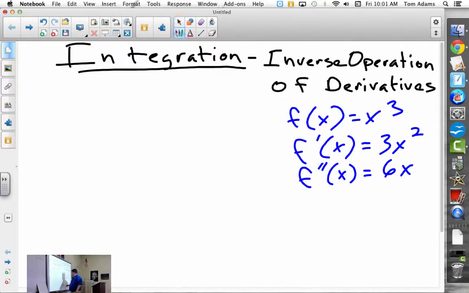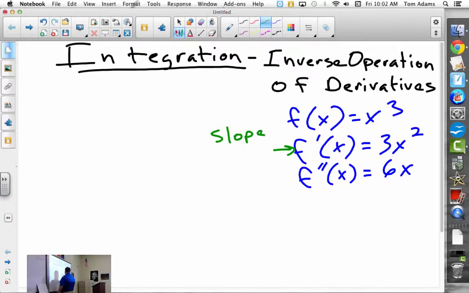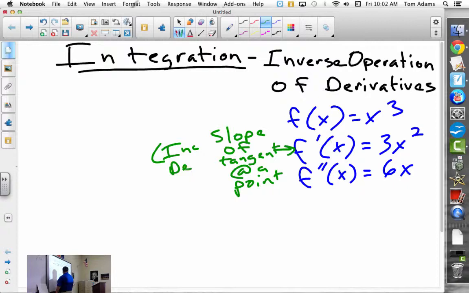The first thing that I learned, this tells me the slope of the tangent line at a particular point, which in essence tells me if it's increasing or decreasing.